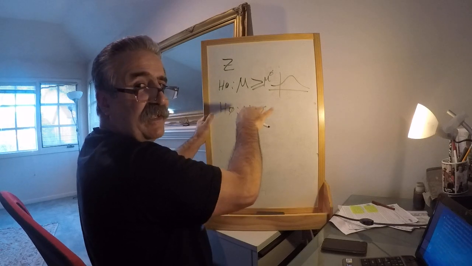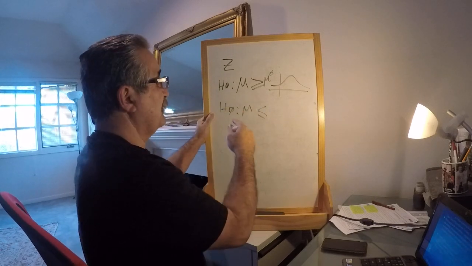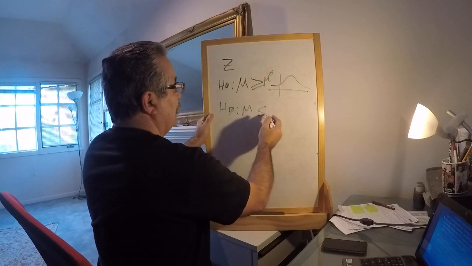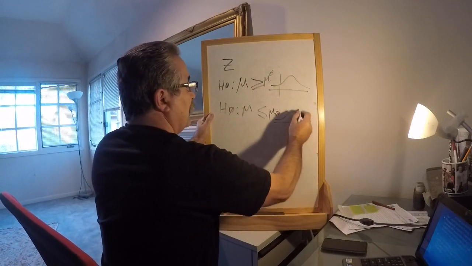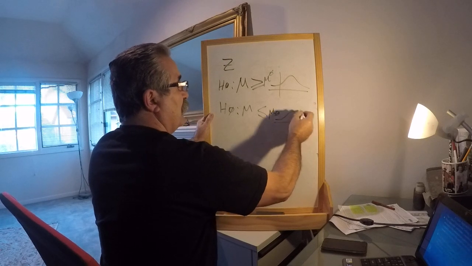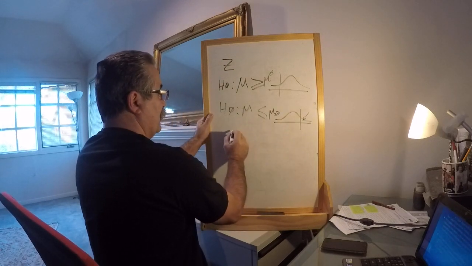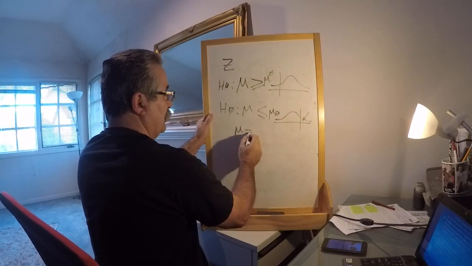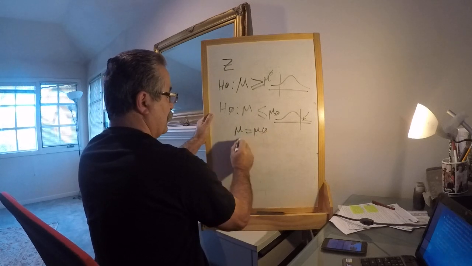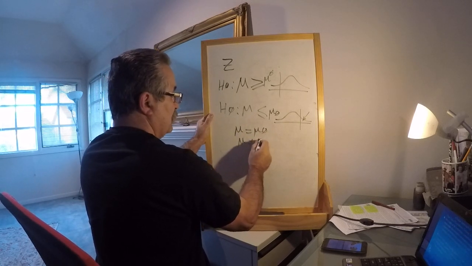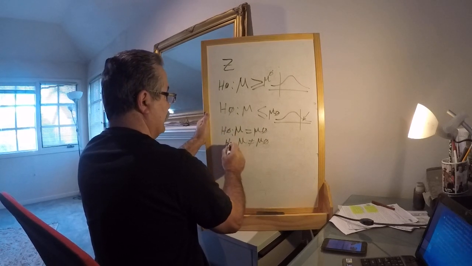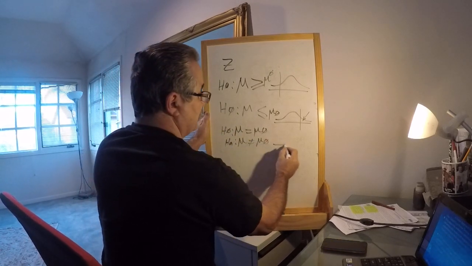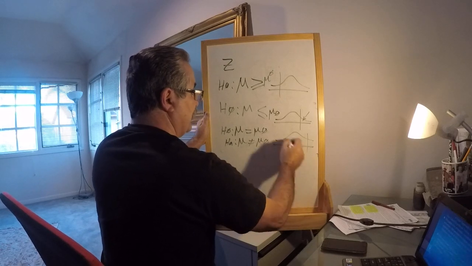I'm not including the alternative hypotheses, okay? And when we have H0 mu equal to mu sub 0, and HA mu not equal to mu sub 0, then this is two-tail hypothesis testing.